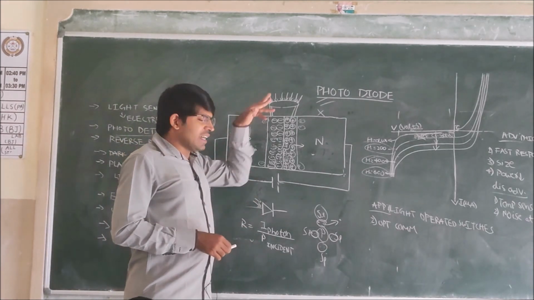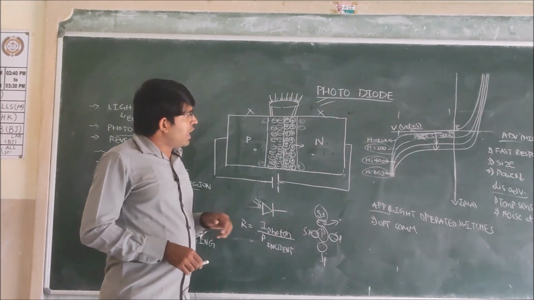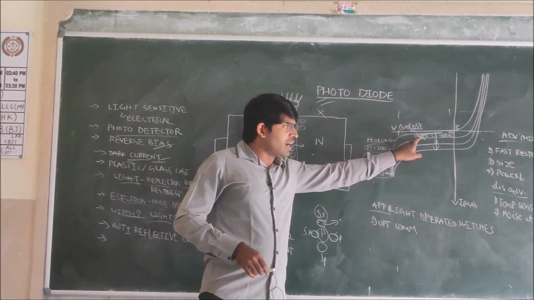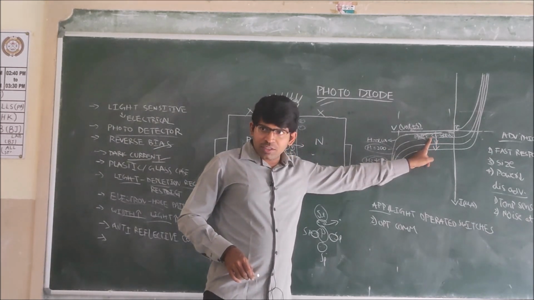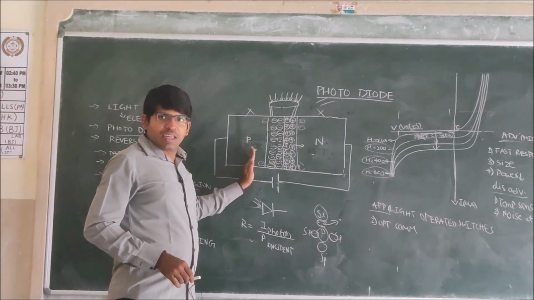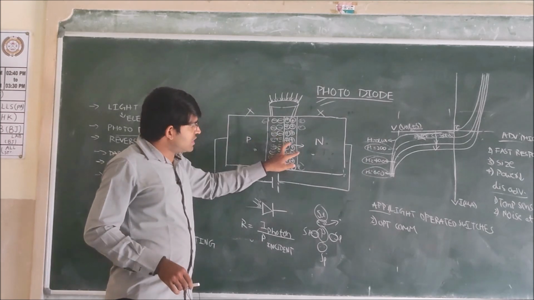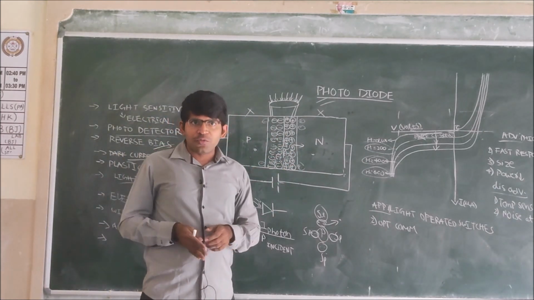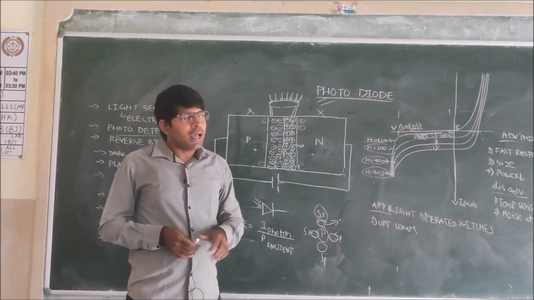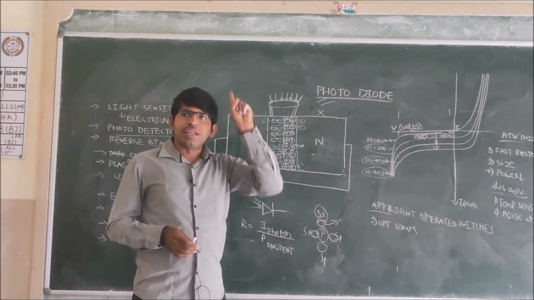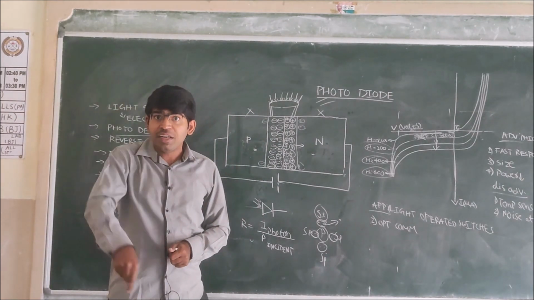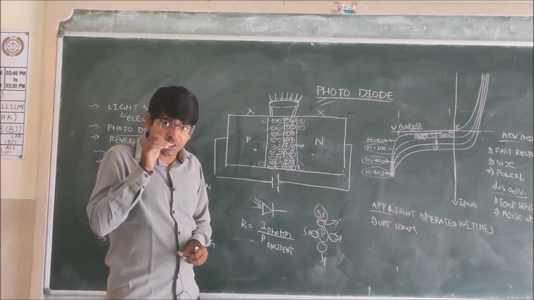But when we are increasing the width and when the light is falling on it, with the increment of the voltage, the width increases and there is a chance for more formation of electron hole pairs, and that's why the reverse current is increasing with the increment of the voltage, even if it is connected in reverse bias.